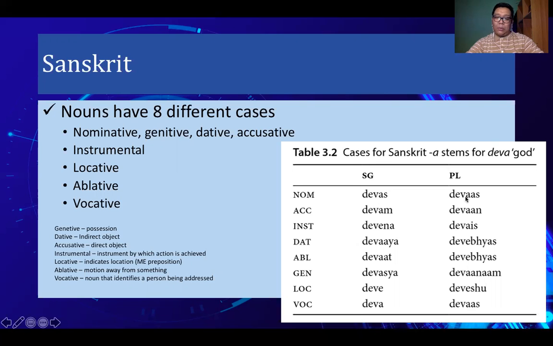But once you make it plural, you add a stem a, and then you add another s. If it is an accusative case, again, when a noun functions as a direct object of a sentence, the word deva is inflected with m. Whereas if it is plural, the word deva is inflected with n. Same goes with the rest of the cases here.